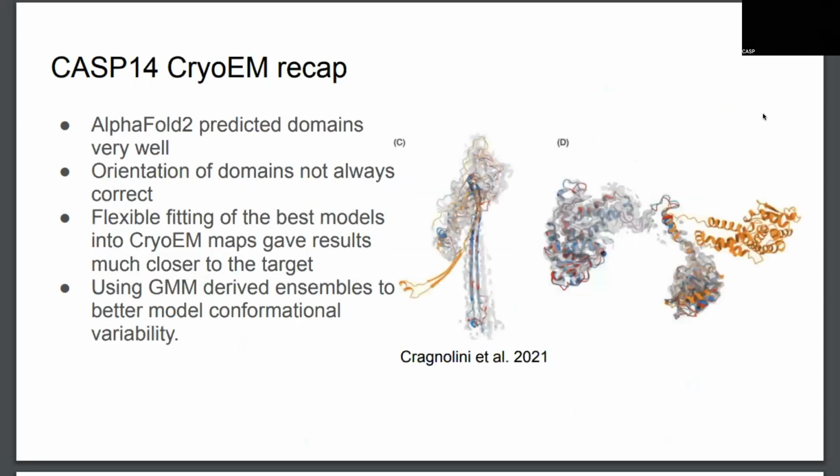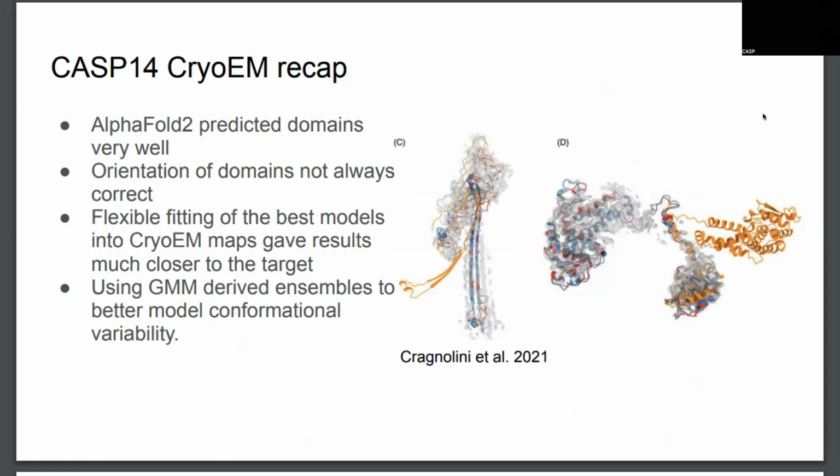In CASP14, we of course had AlphaFold 2 predictions, and these were really, really accurate, at least at the domain level. But of course, when you had multiple domains, the actual orientation of these were often off. And CryoEM was a really nice source of low resolution information, which could be used to reorientate these domains into the maps.